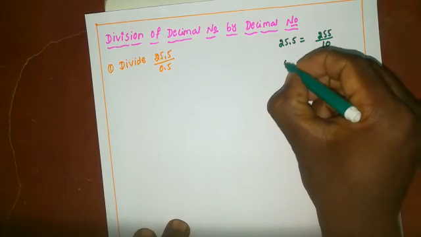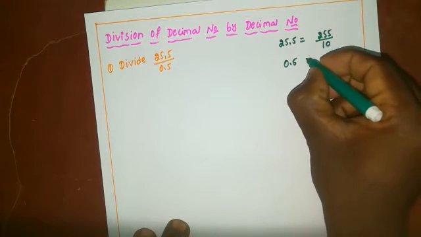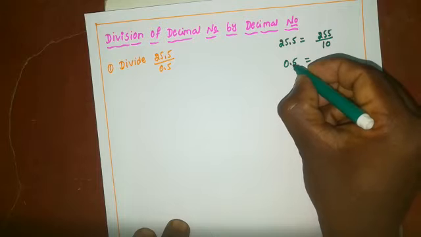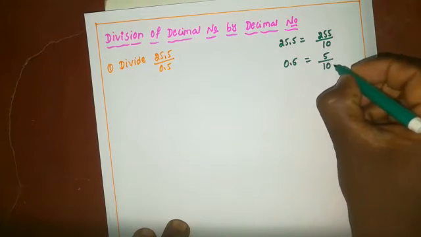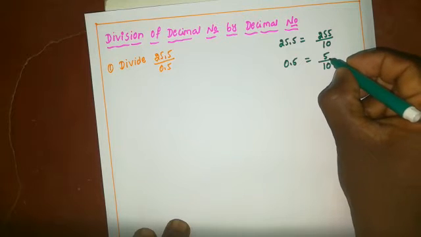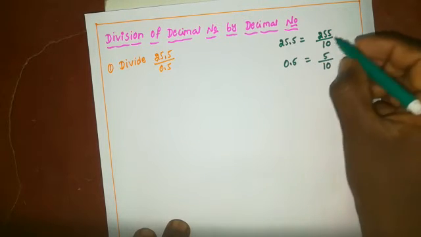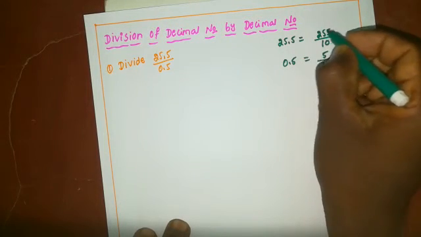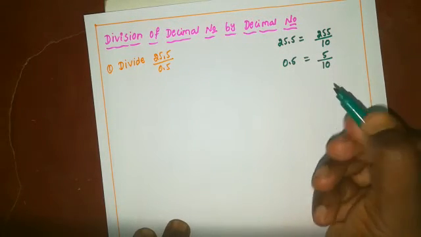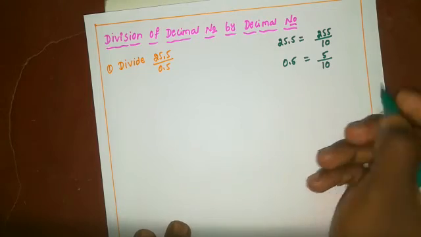Another decimal number is 0.5. Here also we have a point after one digit, so we can write it as 5 by 10. Thus we convert the decimal numbers into fractions.